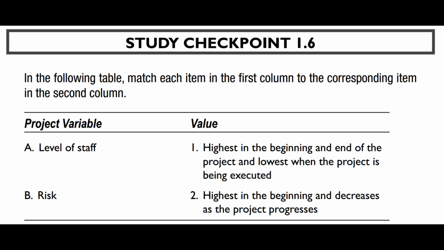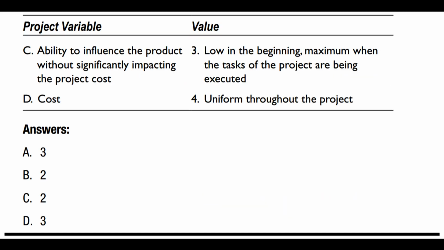Highest in the beginning and decreases as the project progresses. C. Ability to influence the product without significantly impacting the project cost. 3. Low in the beginning, maximum when the tasks of the project are being executed. D. Cost 4. Uniform throughout the project.